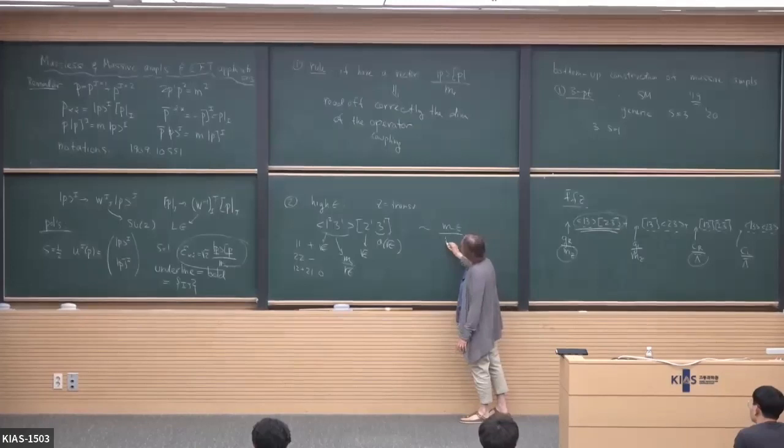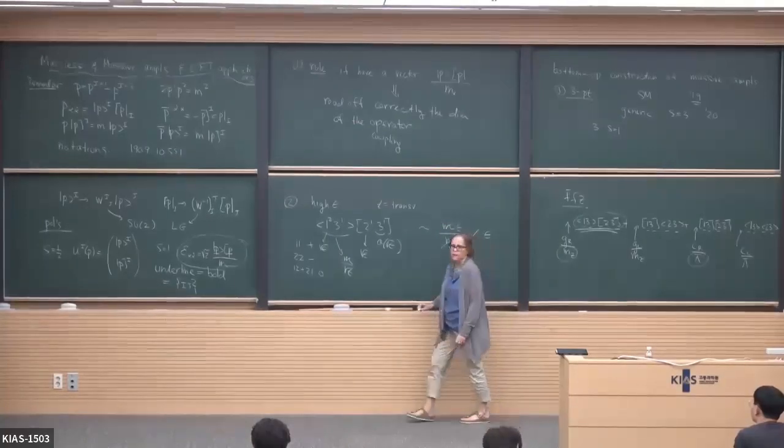And therefore, if I have the M downstairs, then that's okay. It goes like E, because the two M's cancel out.